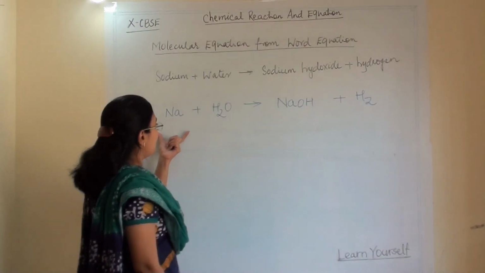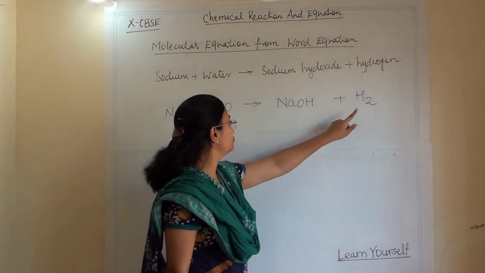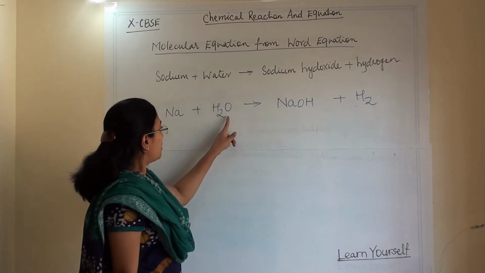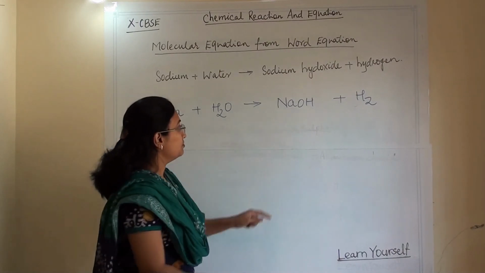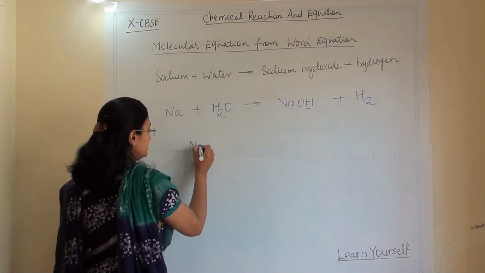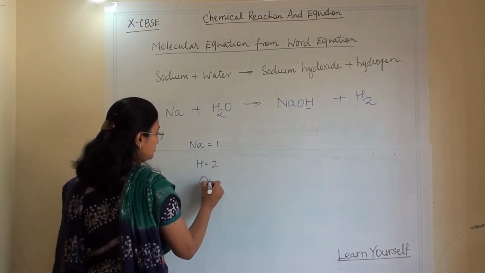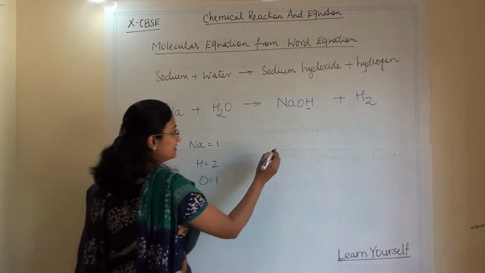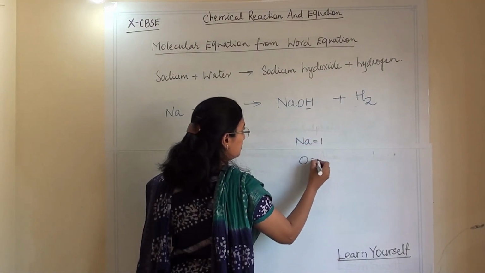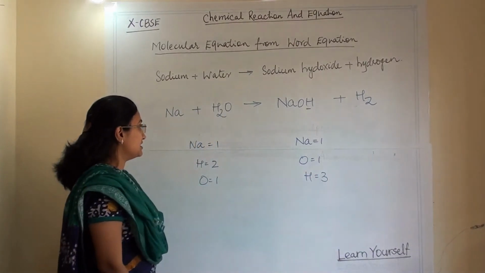Now let us balance them. Hydrogen 2, hydrogen 2. Sodium 1, sodium 1. Oxygen 1, oxygen 1. But one more hydrogen is here. So let us write Na 1, hydrogen 2, oxygen 1 at the reactant side, whereas sodium 1, oxygen 1 and hydrogen 3 at the product side.